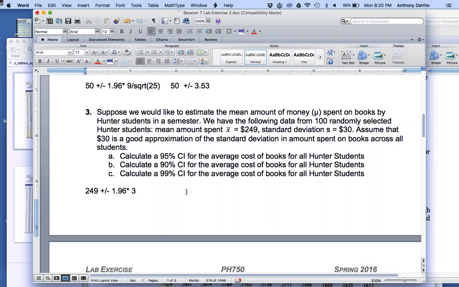And again, if I asked you for a 90% confidence interval, you would just use 1.64 in place of this. If I asked you for a 99% confidence interval, you would use 2.58, and that 2.58 would make this a wider interval, make the margin of error bigger. You'd subtract more, add more, so it would be a wider range, right?